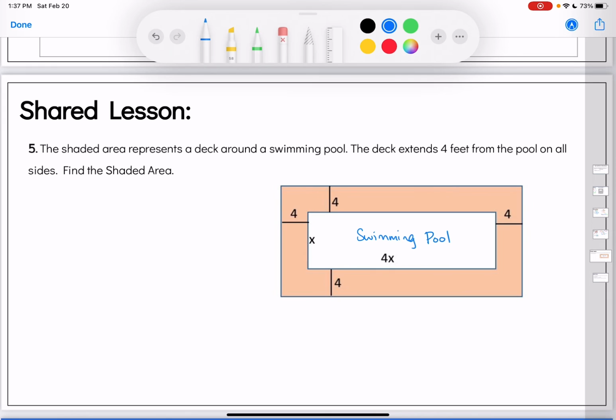Now, I would need to know that area of that pool deck because I would have to pour the concrete, right? Or build it out of wood or whatever you're going to do. So this really is very much an absolute real world situation that a builder could encounter all the time, and just where you'd see polynomials. But it's just a shaded area problem.